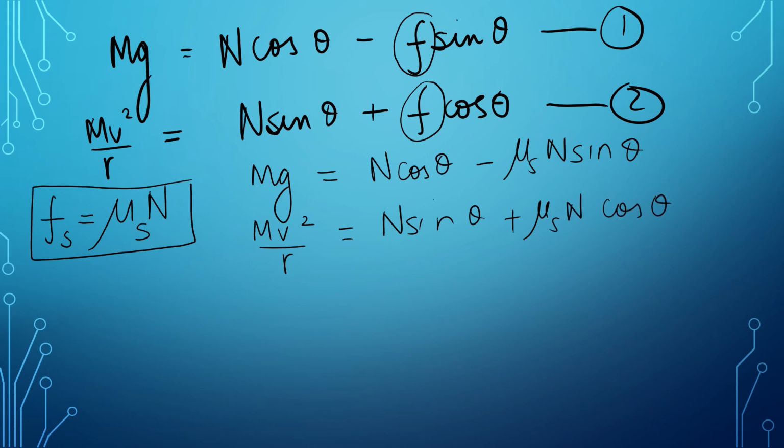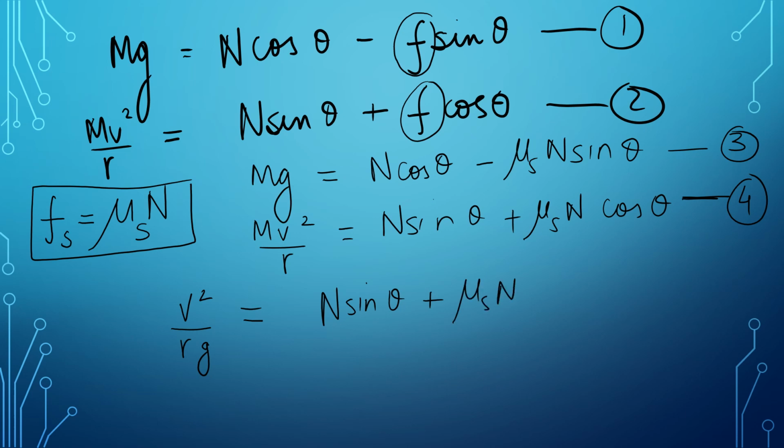So let's just divide equation number 4 by 3. When you divide that, you'll get v square by rg equals N sine theta plus mu s N cos theta, divided by N cos theta minus mu s N sine theta. Now you can see that N is common in every term.